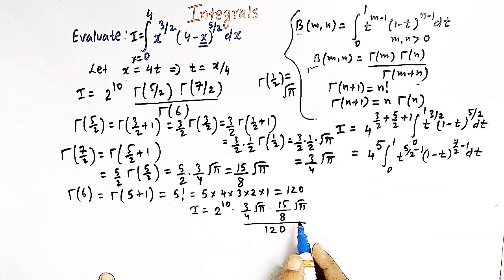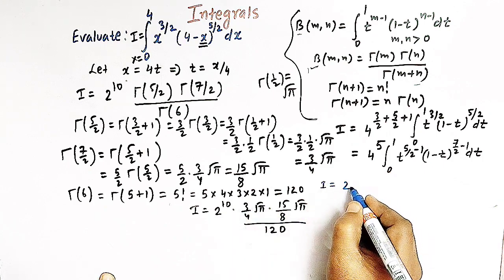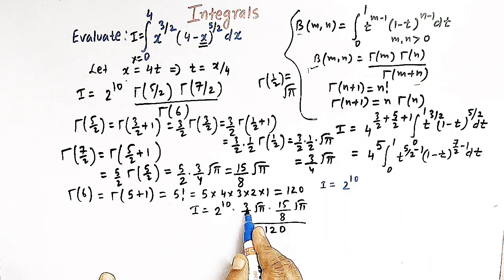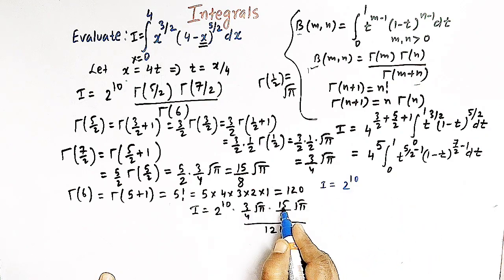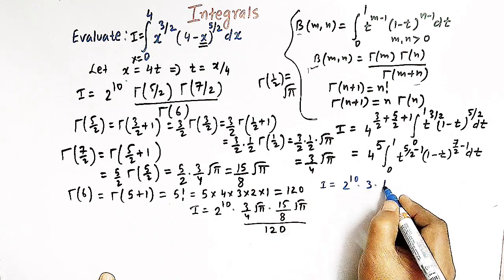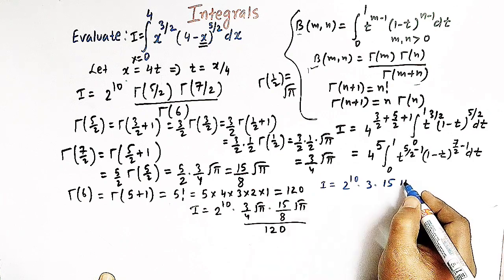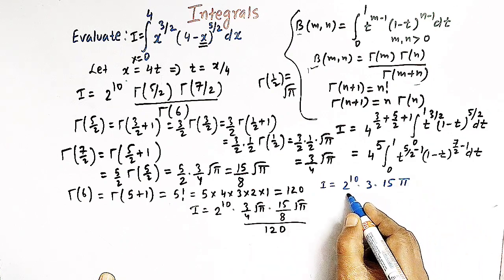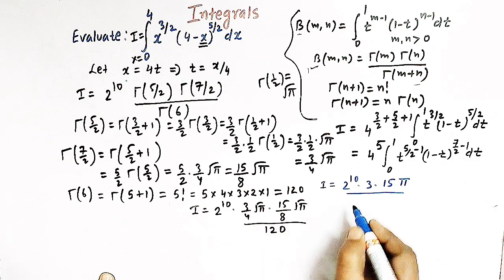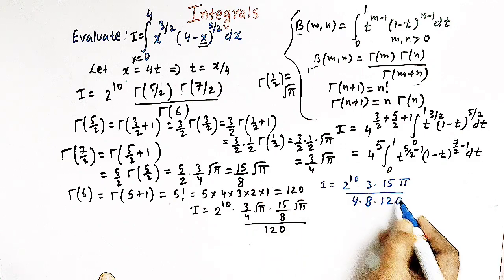So now our aim is to simplify this expression. So we can now write I is equal to 2 raised to 10, and here in the numerator we have 3 times 15. Root pi times root pi is simply pi, and in the denominator we can write 4 times 8 times 120.